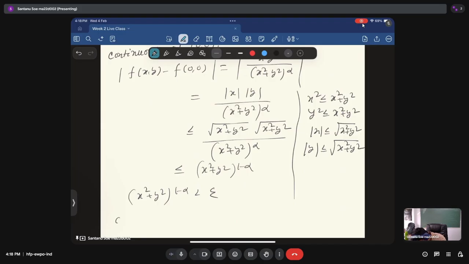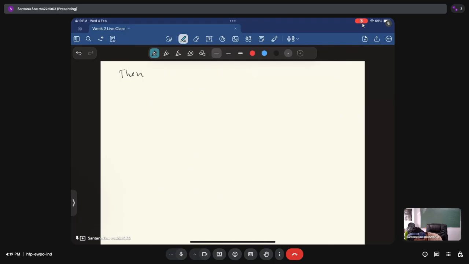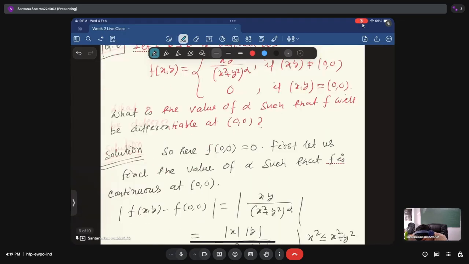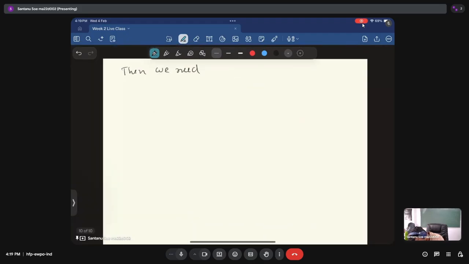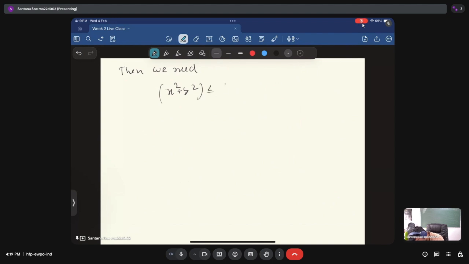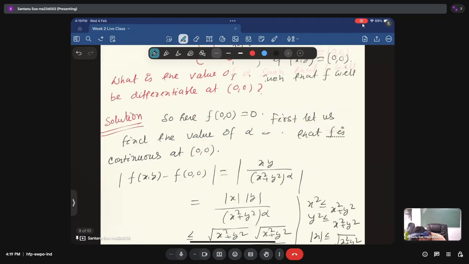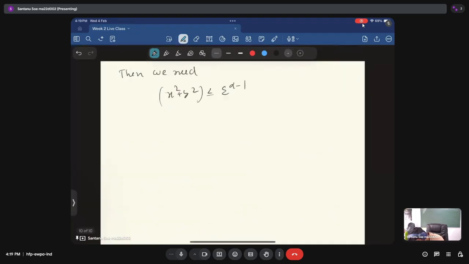If you want 0 less than sqrt(x^2 + y^2) less than delta to imply this, then we need x^2 + y^2 equal to epsilon^(1/(1 - alpha)), and then sqrt(x^2 + y^2) is equal to epsilon^(1/(2(1 - alpha))).